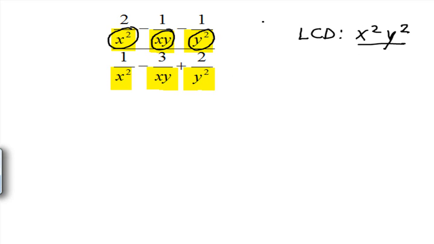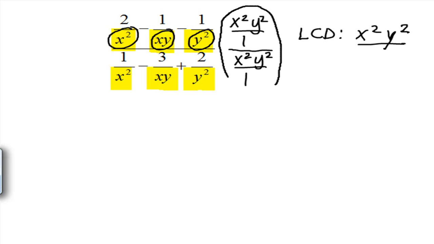Now, what I'm going to do with that common denominator is make it into a form of 1. So I'm going to have x squared, y squared, over 1, just because it lines up better with my fractions, over itself. So x squared, y squared, over 1. This whole thing now, it's important to notice, this whole thing is a form of 1.